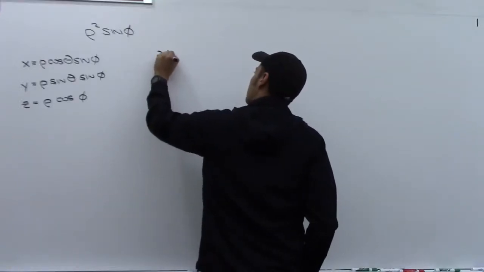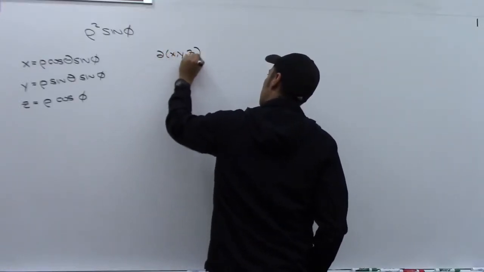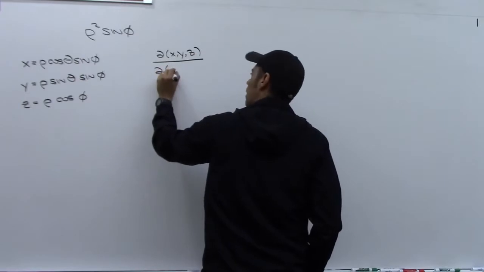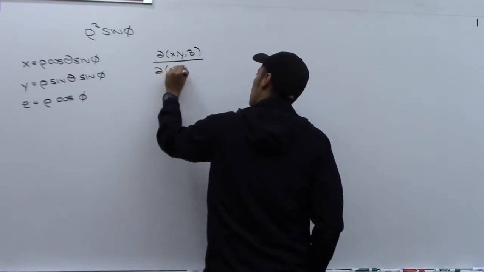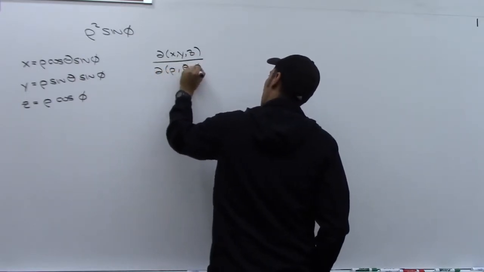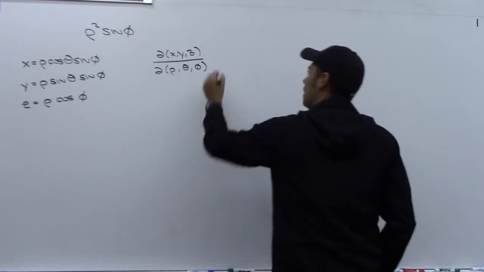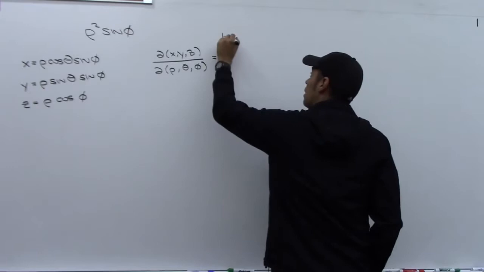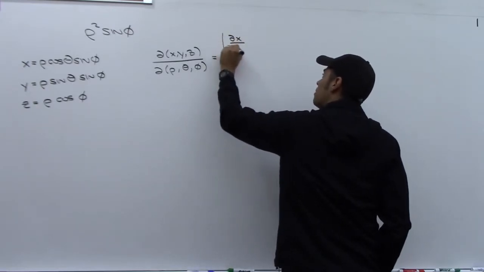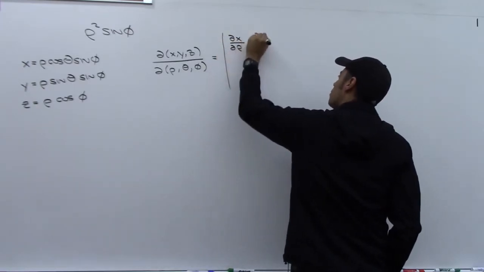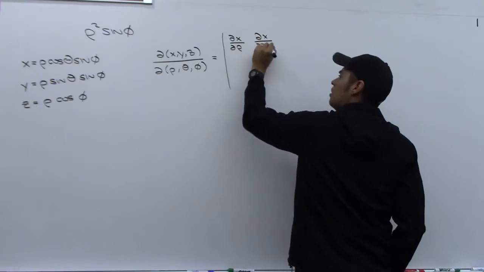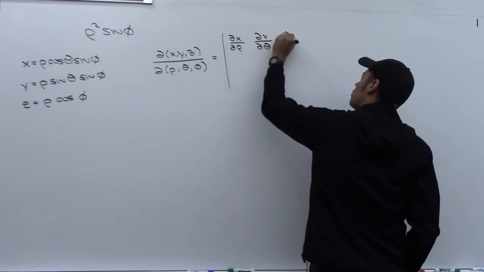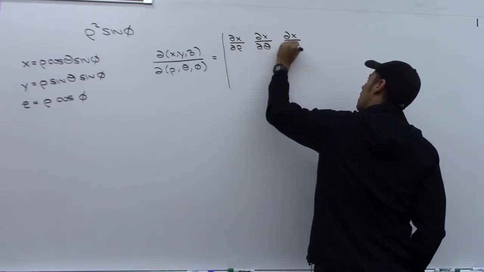Jacobian, if we're going from x, y, z over to rho, theta, phi, will be equal to the determinant of partial x with respect to rho, partial x with respect to theta, partial x with respect to phi.